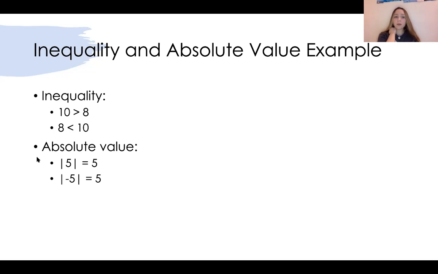That's a very simple inequality. For absolute values, the absolute value of 5 is equal to 5, and the absolute value of negative 5 is also equal to 5. If we have a negative value within our absolute value, we can just assume that it's a positive number. Any negative number is going to turn into a positive number, so we have to keep that in mind.